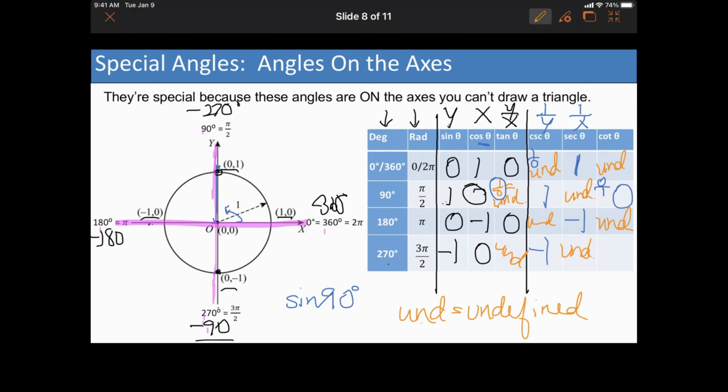And the reciprocal of undefined is 0. So these angles are the ones that students often forget, and then they get really confused because you can't draw the triangle. So remember, these are special and they come from the point. So make sure that you have this.